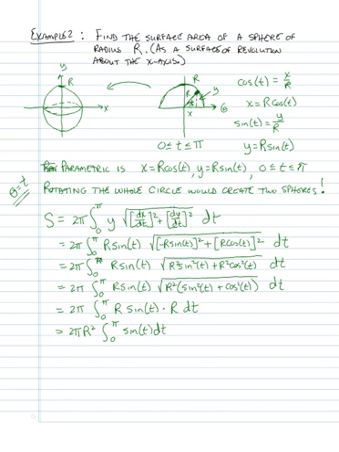The integral of sine of t is negative cosine of t. And we're evaluating that from 0 to pi.